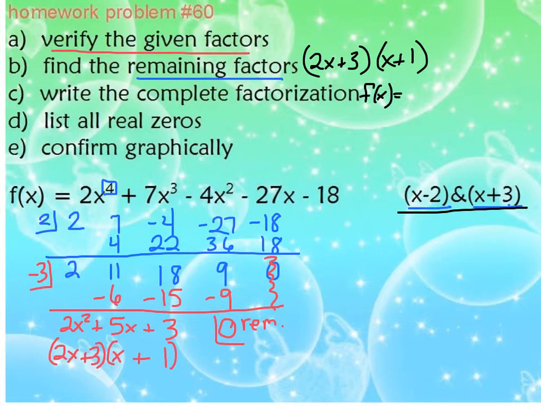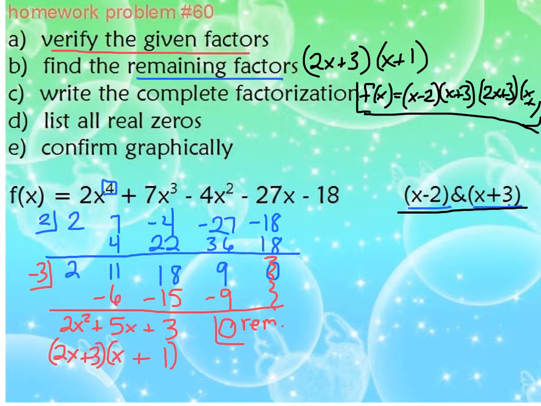It would have already all been factored out for you. So I have the 2 that they gave me, and I have my 2 new ones. And so this, sorry that's messy, but it's an x plus 1 is my last one. All right, so this is the complete factorization. That's what they want when they ask you for the complete factorization.